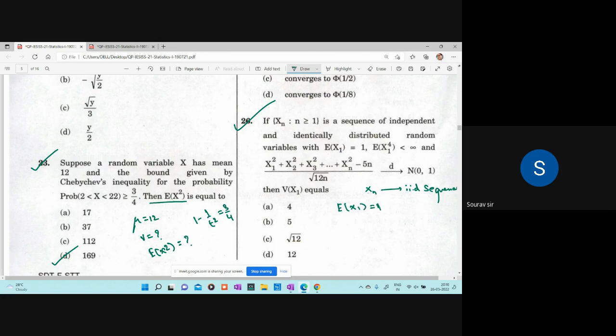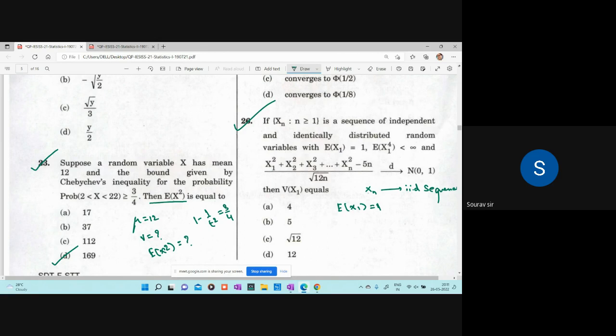That means for all the Xi's it's 1 since they are IID. Expectation of X1 to the power 4 is finite, that is moments up to order 4 exist and are finite, and this particular expression tends to normal 0, 1 in distribution. You need to find the variance of X1.